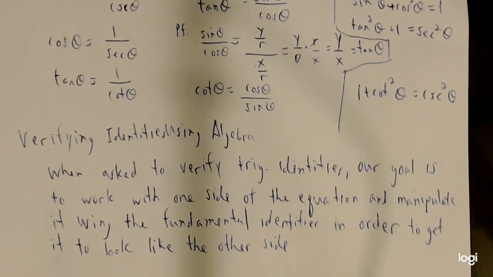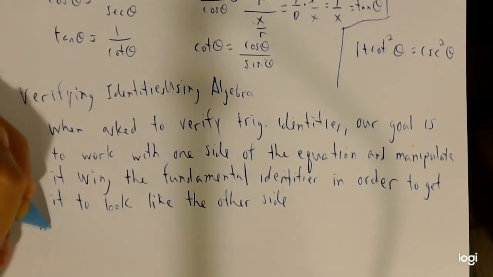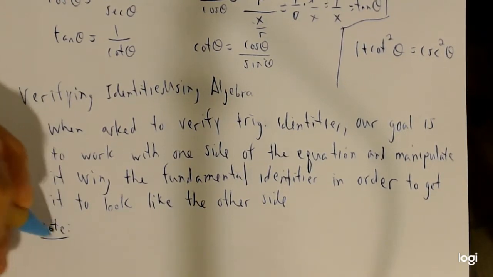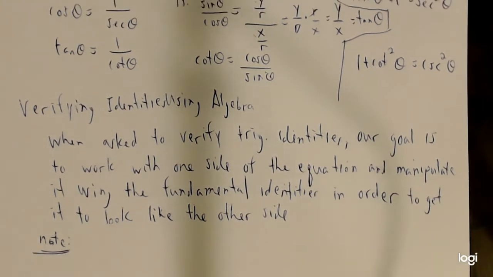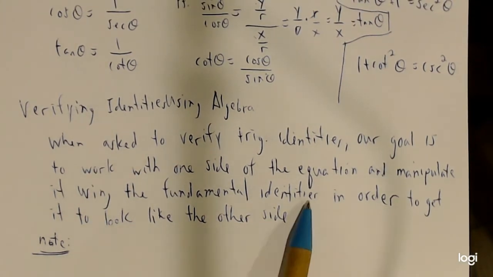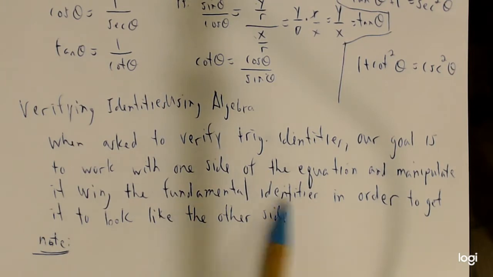One comment I want to make is sometimes you might be wondering, which side should I start off with when I'm trying to prove this? Remember, we want to pick one side of the equation, use identities, and try to get it to look like the other side.